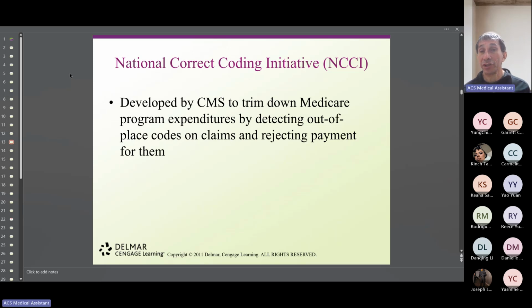Now, if they reject your claim, you can appeal it. So you can fight to get this evaluated again, because rejections are very, very serious. Now, if you make a mistake, or they think that you made a mistake, they're going to ask you to do corrections. So you have to resubmit these claims.